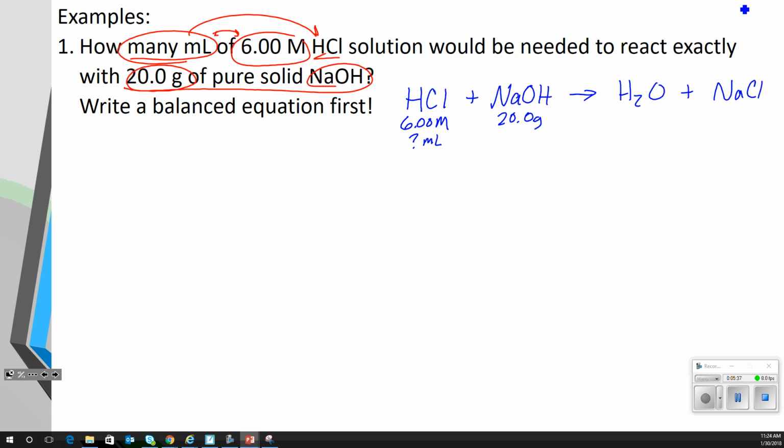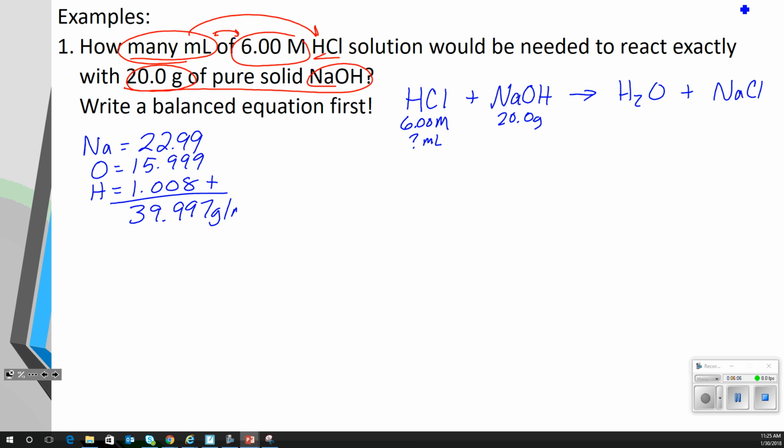So I can change these grams into moles, and then I can go from moles to moles, right? Since I'm working with grams, I'm going to add up sodium from the periodic table, and oxygen, and hydrogen from the periodic table. And I'm going to get a number. I think it's 39.997 grams in a mole of sodium hydroxide.